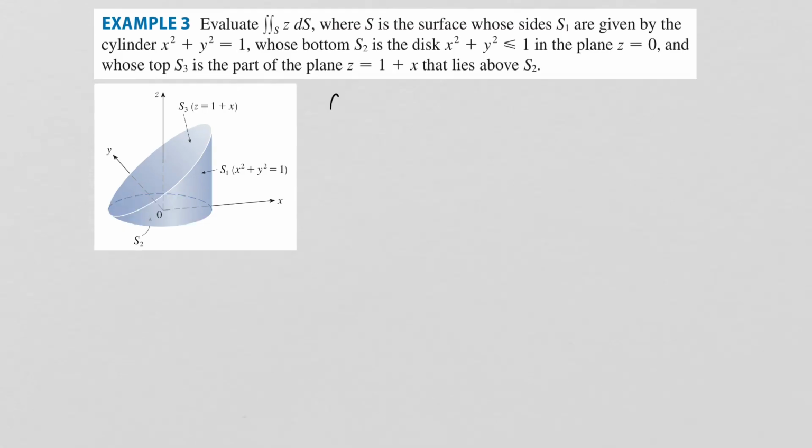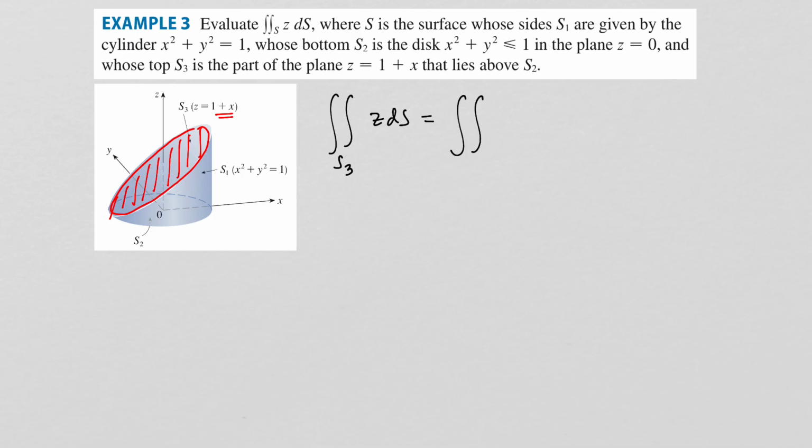So now let's consider the double integral over S3 of our function. S3 is this surface here. When we are on that surface, z is equal to 1 plus x. So we can write this as the double integral over a domain D of 1 plus x, and now we need to do partial derivatives. The partial derivative of z with respect to x is 1.